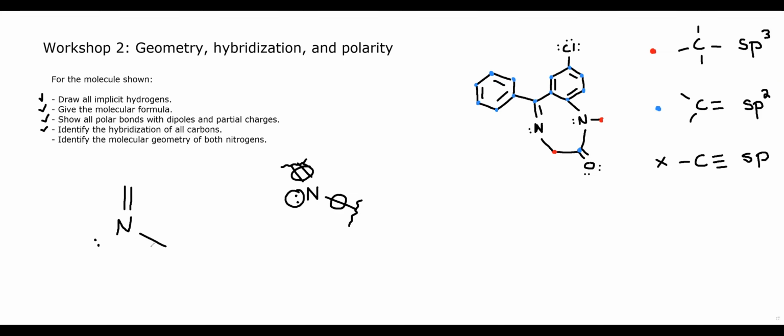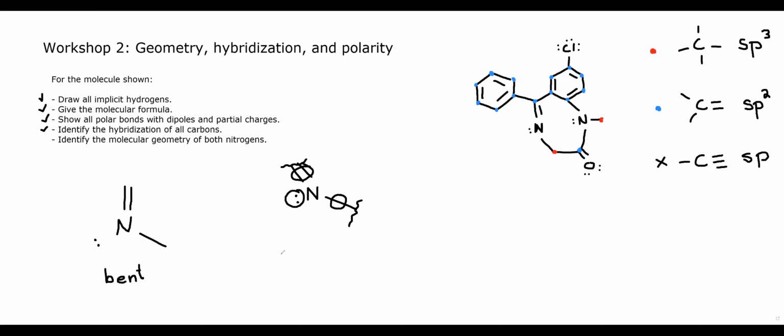If we have 3 things to spread out, it means we do it in one plane at 120 degrees apart, trigonal planar. But when we consider the molecular geometry, remember, we ignore the lone pair. So if we only look at the bonds on this nitrogen, it looks like it's what shape? It is bent. It has bent molecular geometry.